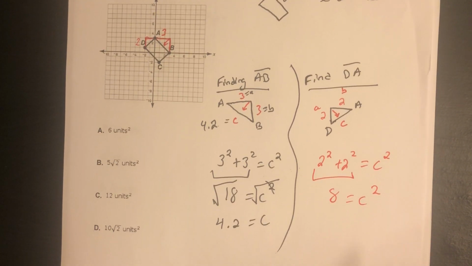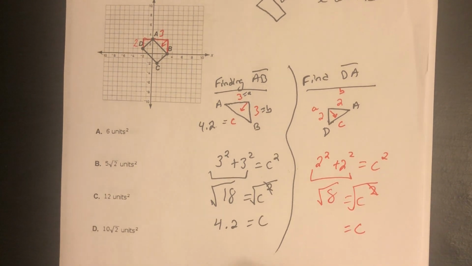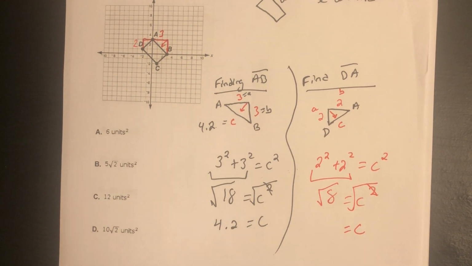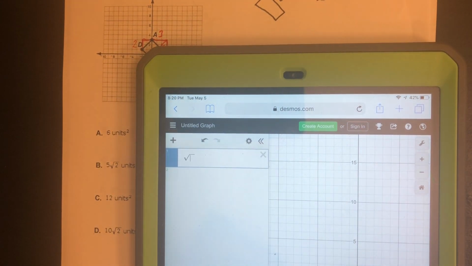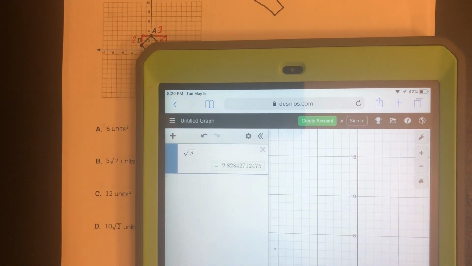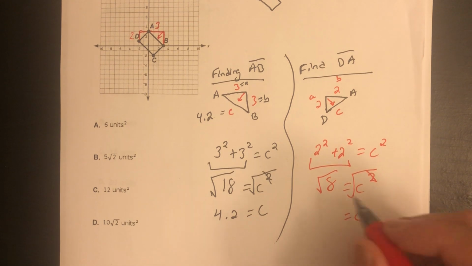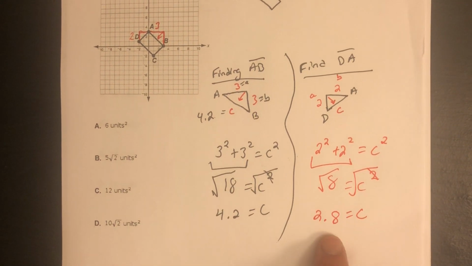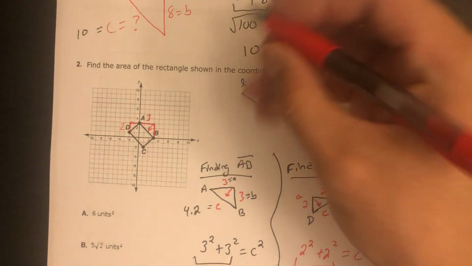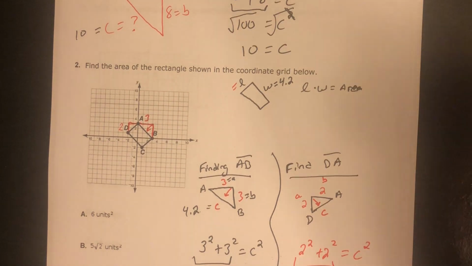Then the opposite of a square is square root, so the square root of 8 should be 2.8. I'm just going to leave it at that. If you want 2.83 or 2.82, that's also fine. And that should be my side DA, which in our picture is the length.